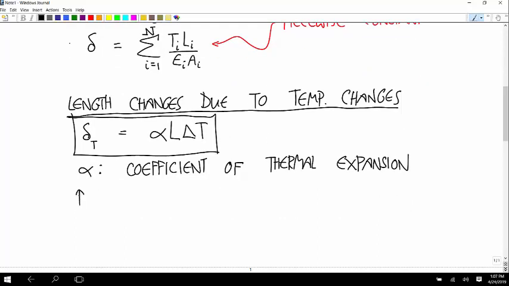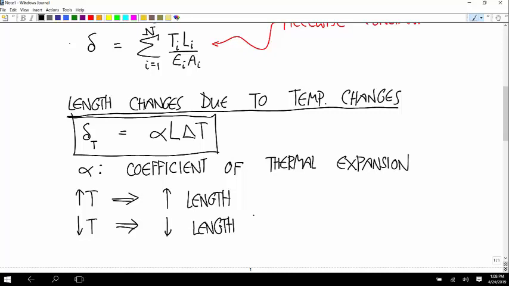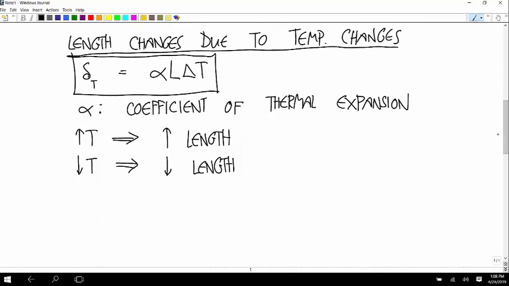If you increase the temperature, that leads to an increase in the length. And if you decrease the temperature, that leads to a decrease in the length. And that works for any length measurement.